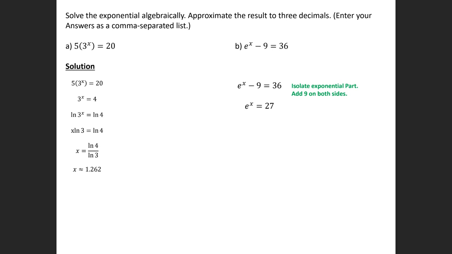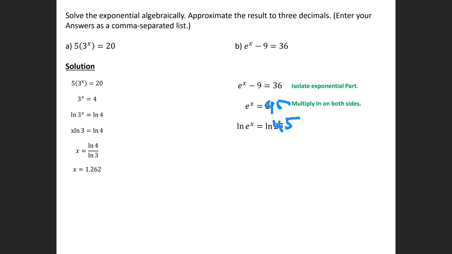Oops, this should be not 27, but 45, because we're going to add 9 on both sides. So this should be 45.